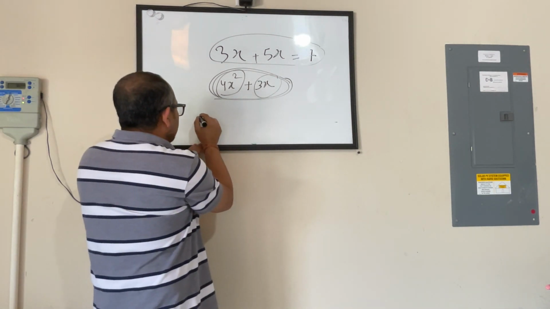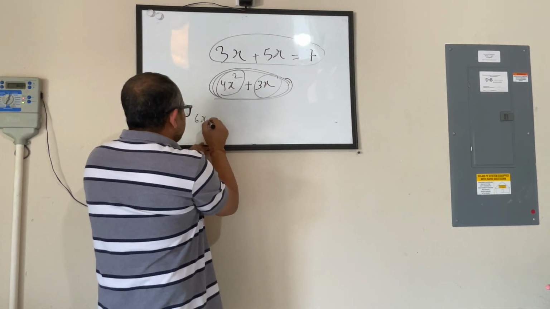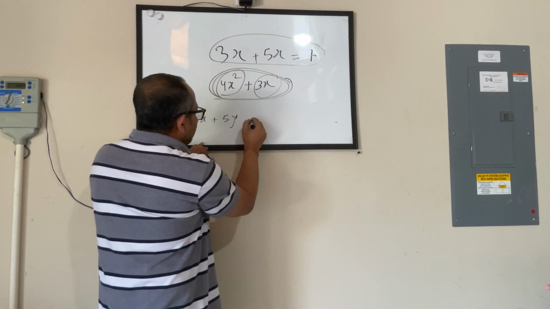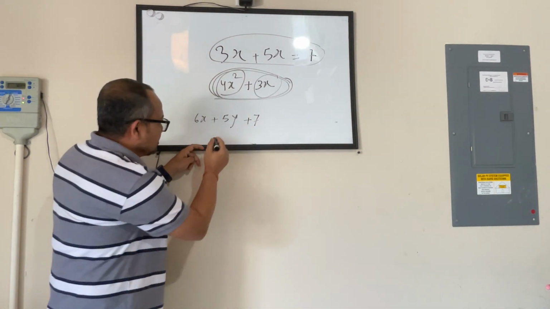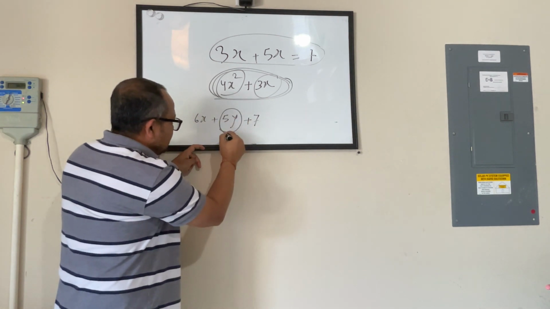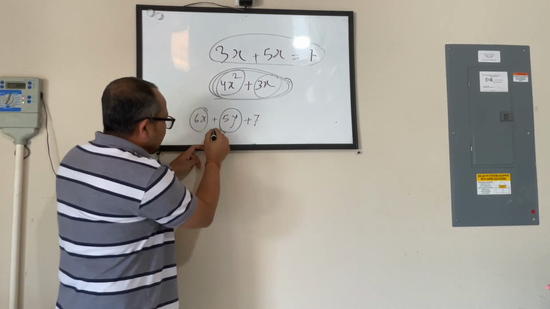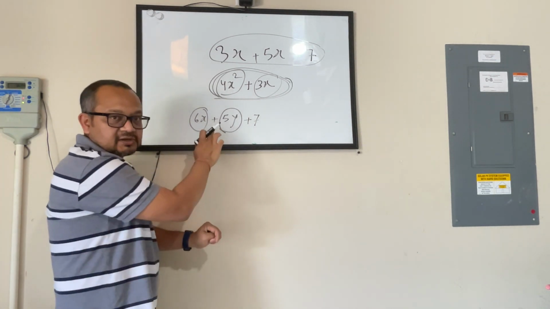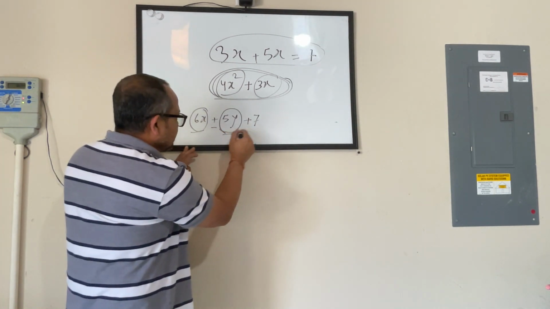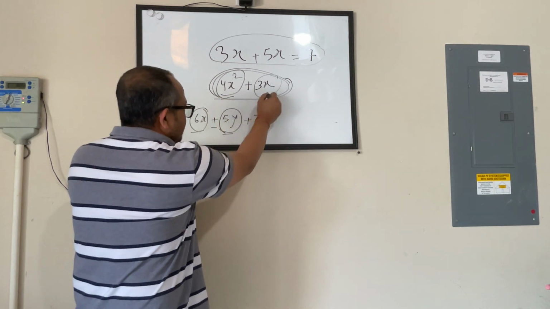If I have something like 6x plus 5y plus 7 as an expression, how many terms does this have? Three terms actually. Every term is separated by an operation. So this is 1, this is 2, this is 3. Here you have 1, 2.